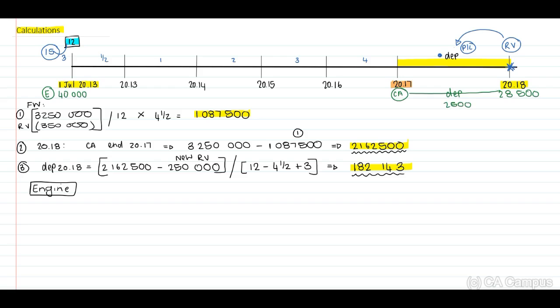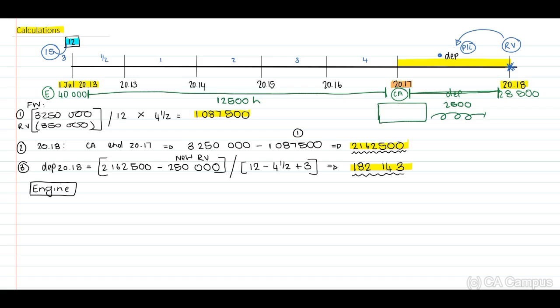For this period, guys, from 20.13 up until end of 20.17, 12,500 hours. For 20.18 period, we have 2,500. Therefore, we need to determine what is the new value on 20.17 in terms of our remaining hours. And this will be the 28,500 plus our 2,500, and this is 31,000.